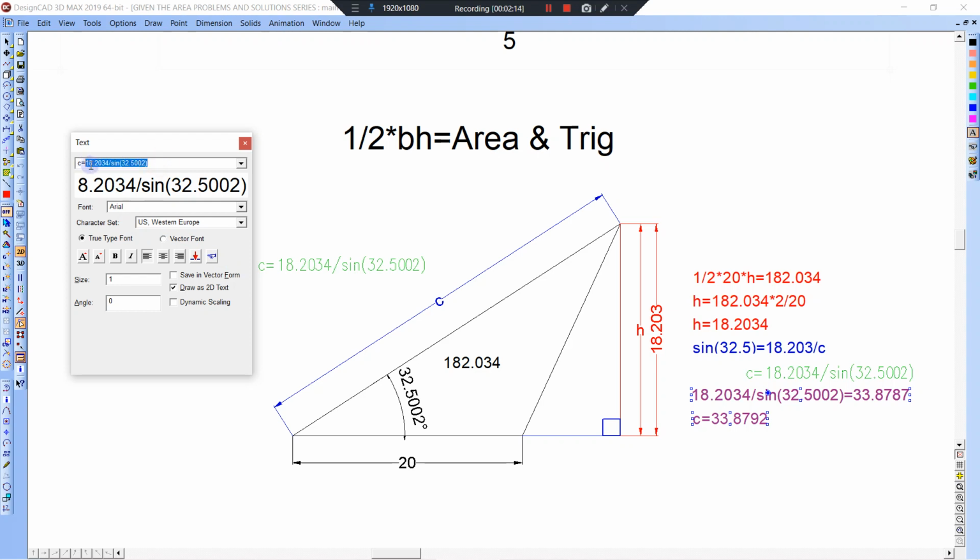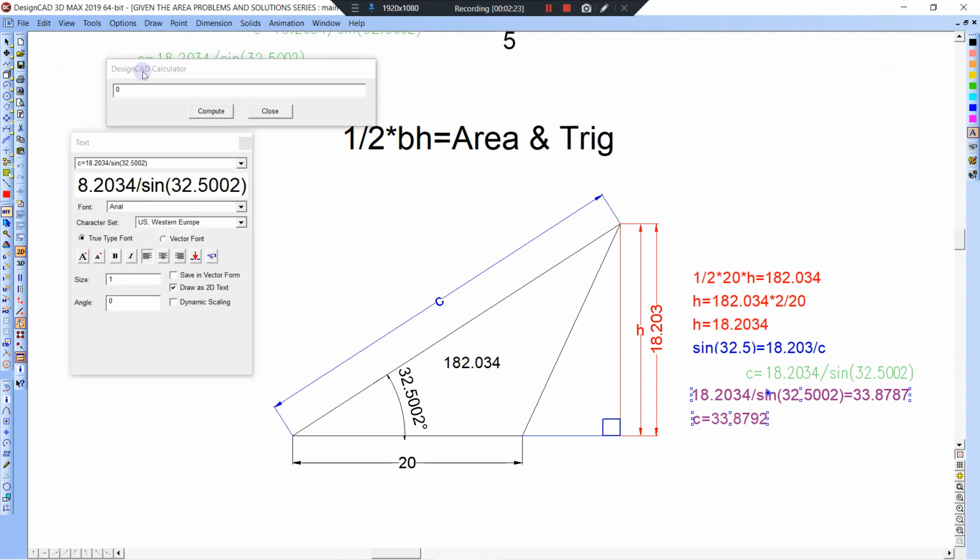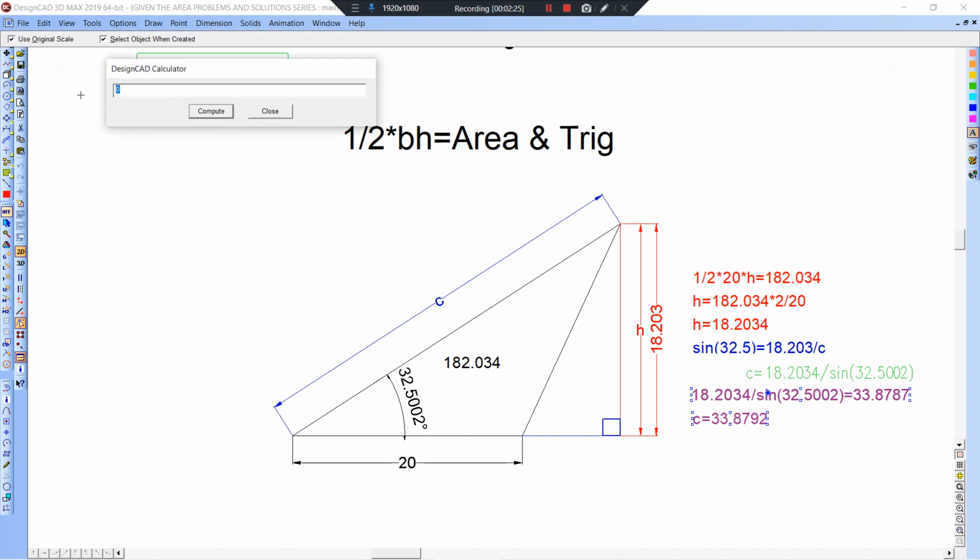So I'm going to copy that and put it into the calculator just to double check that we did it right. Control V, enter. We get 33, so let's put that. Control V, equal, copy, and paste.